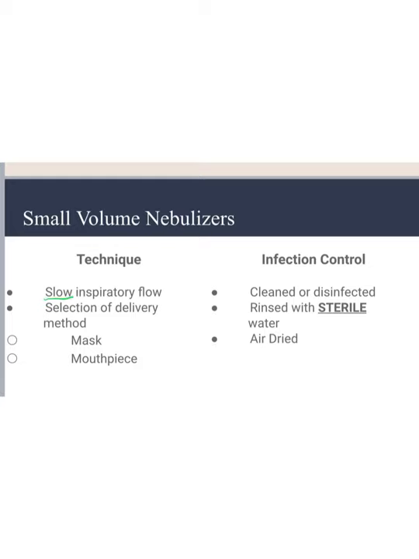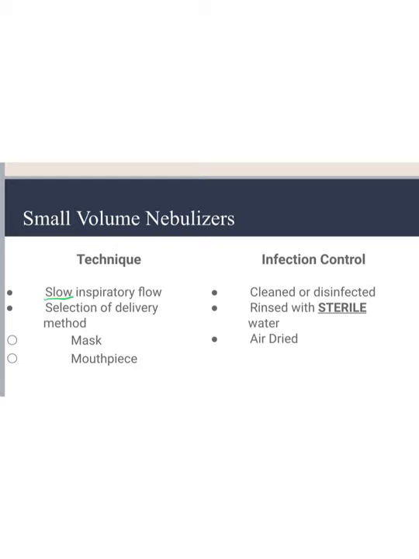We can use a mask or a mouthpiece. We prefer the mouthpiece because with the mask, particles are going to be lost in the nasal cavity. So we encourage the mouthpiece and slow, deep breaths.